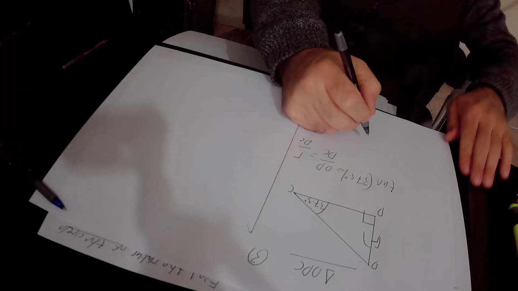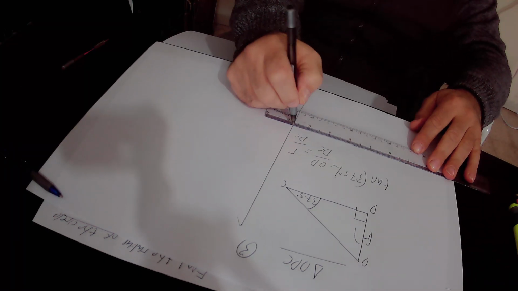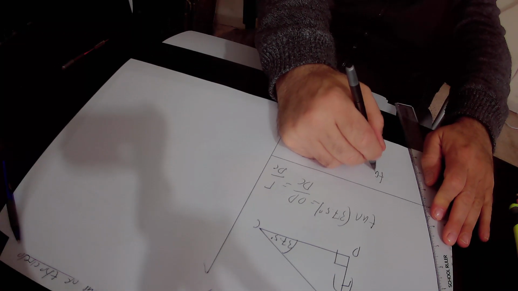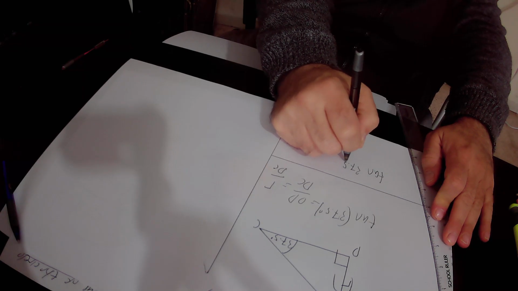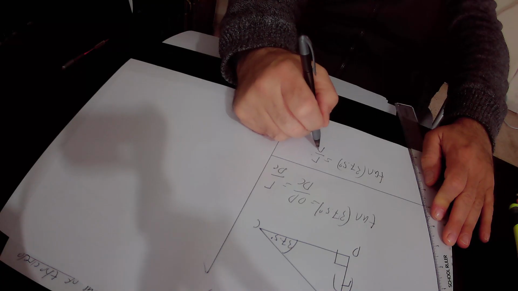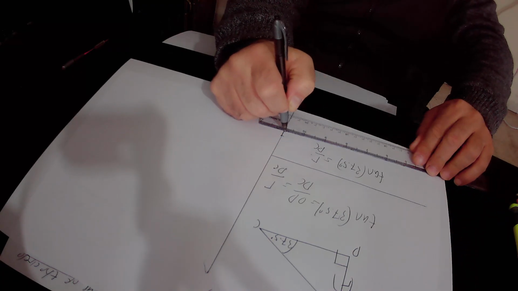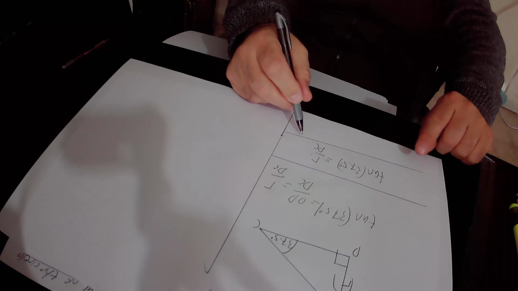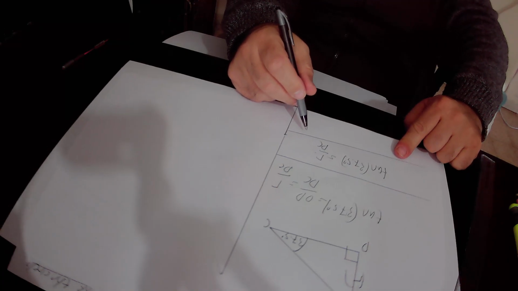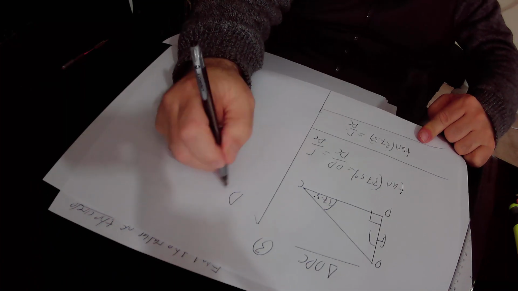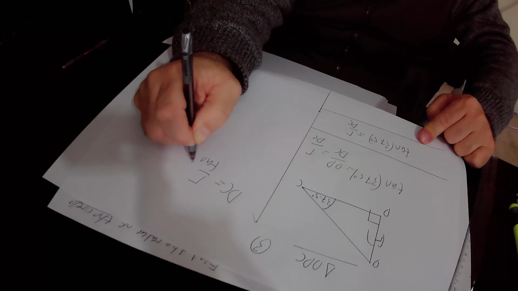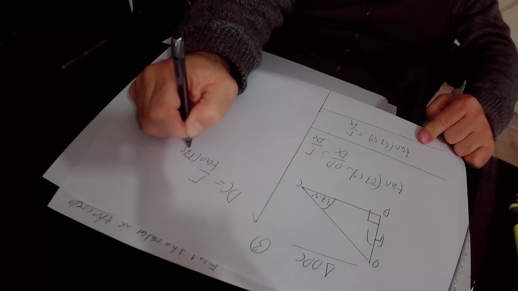In conclusion, we found that tangent 37.5 degrees equals R over DC. Here we multiply this equation by DC and then divide it by tangent 37.5 degrees, and we get that DC equals R over tangent 37.5 degrees.